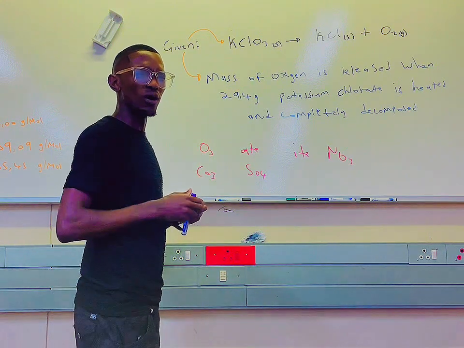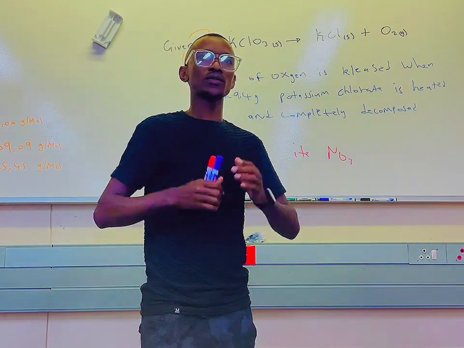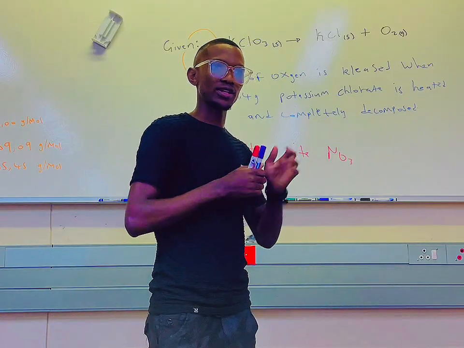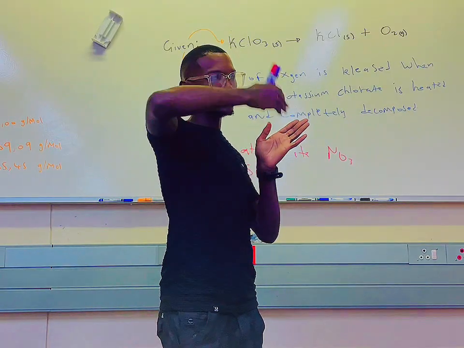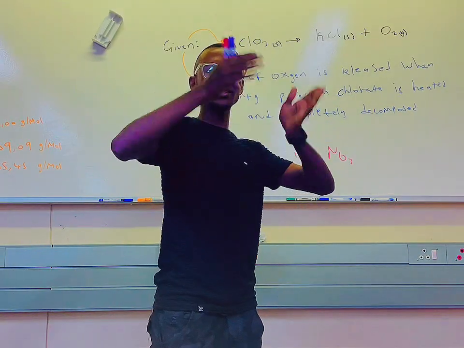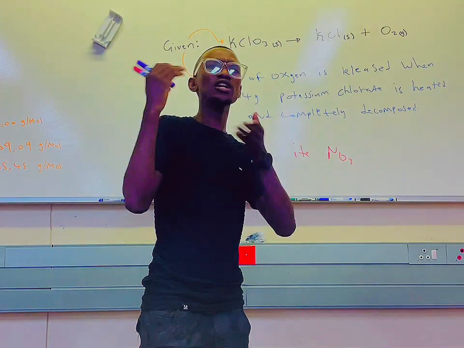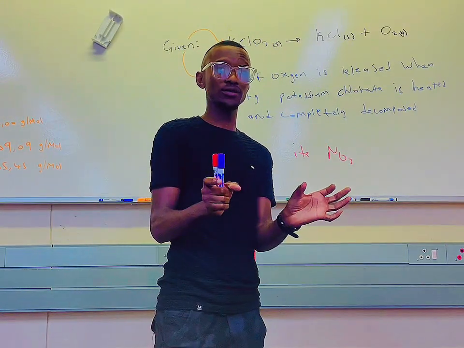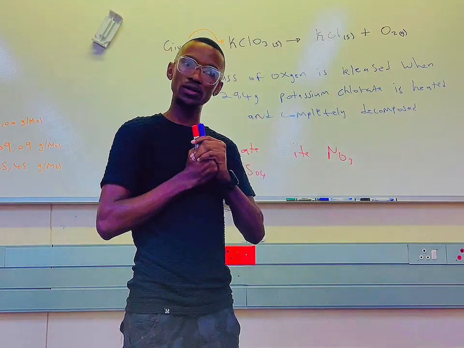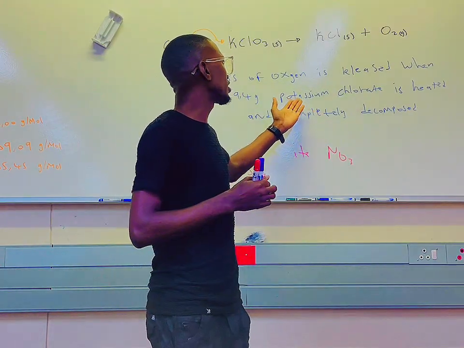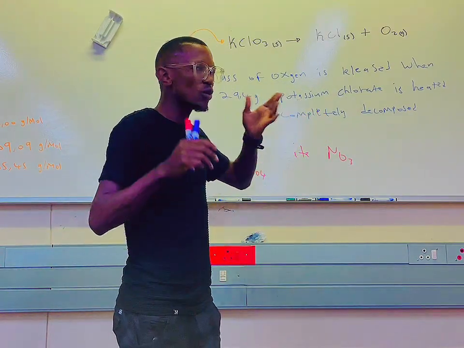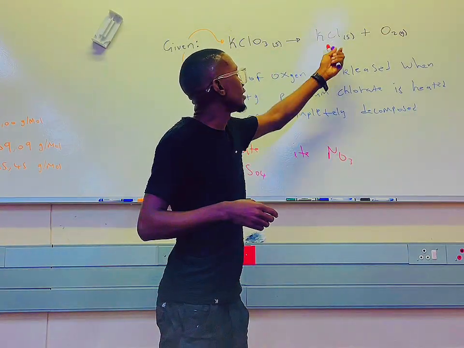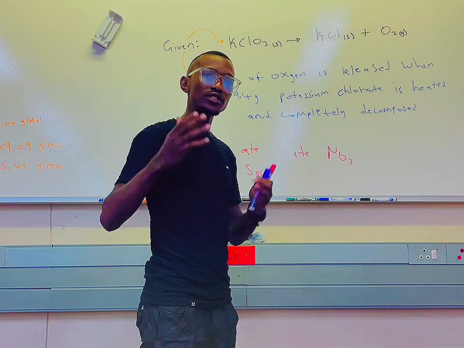So you need to know all those polyatomic ions when they are combined with other elements. Those groups have common chemical names. You need to know all the monoatomic ions and polyatomic ions. Study them and memorize them, because imagine you're given this type of problem and you don't even know what chlorate is. So it's important to know those things.